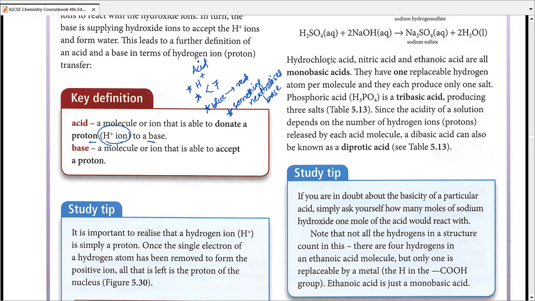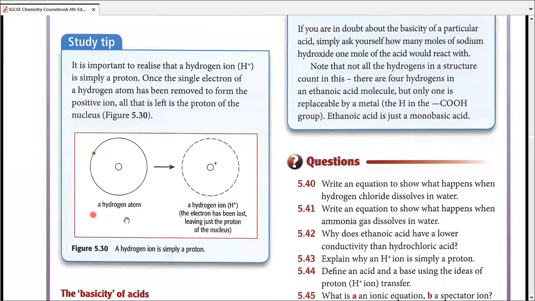This is something that might require an explanation. So let's explain it first. A hydrogen atom only consists of a proton in its nucleus and an electron outside. It does not even consist of a neutron. When it loses an electron, it becomes a hydrogen positive ion. What actually is that positive ion?